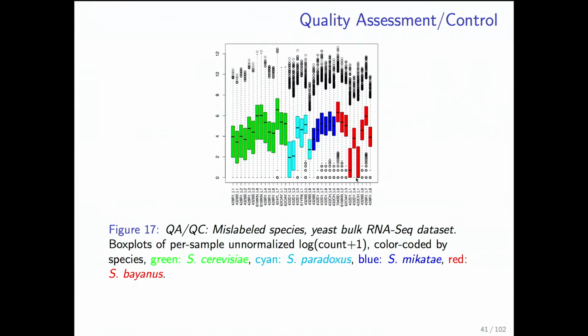We went back to our collaborators and asked them to look at their lab books or their files, and it turns out that these 4 samples had mislabeled species. So we were mapping back to the wrong genome. Okay, so we were just getting very poor data. When we corrected the labels, we got a much better distribution of log counts. So it's really essential to look at data.